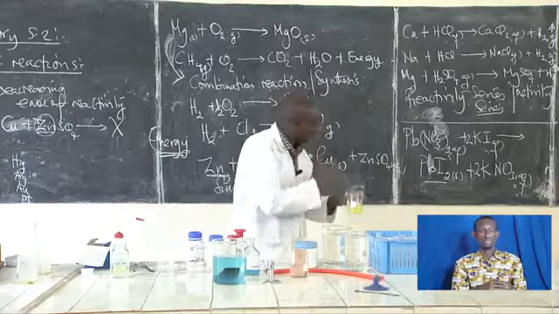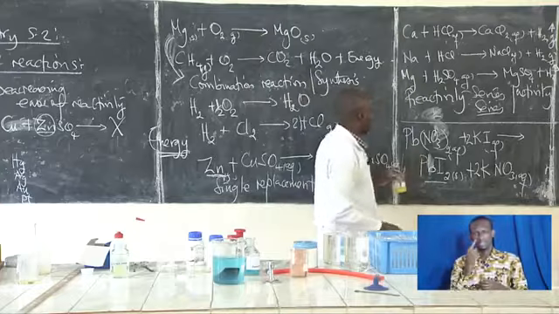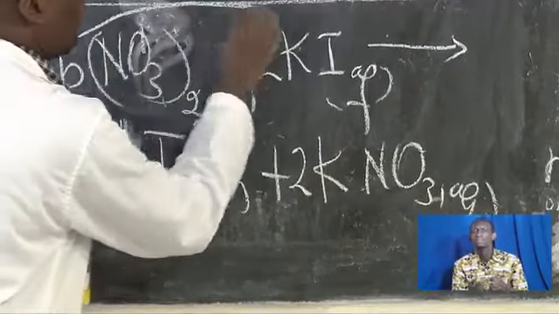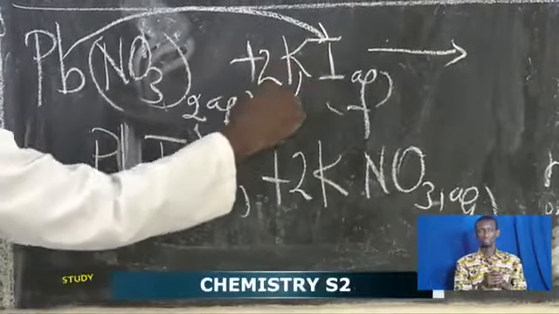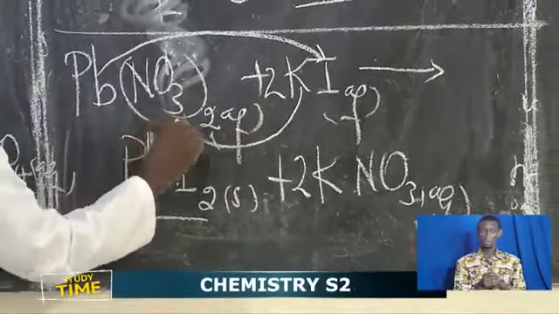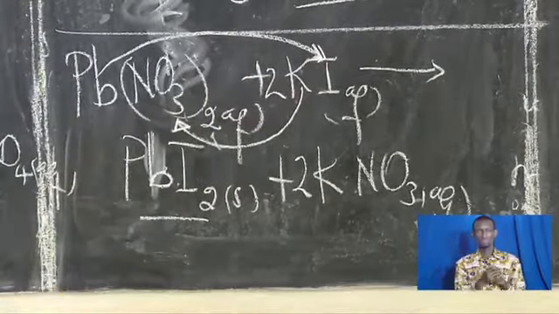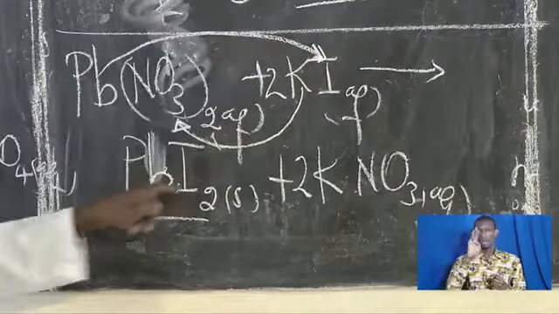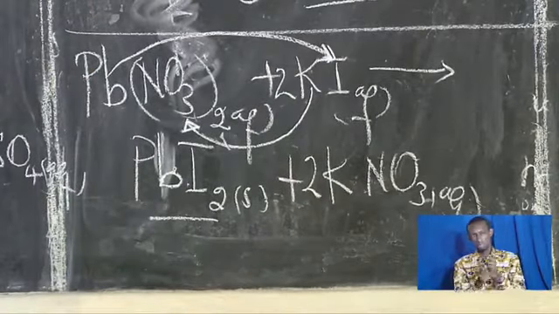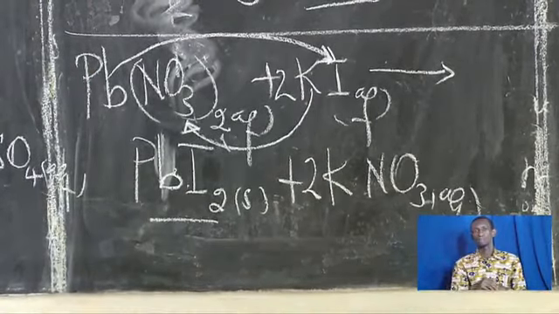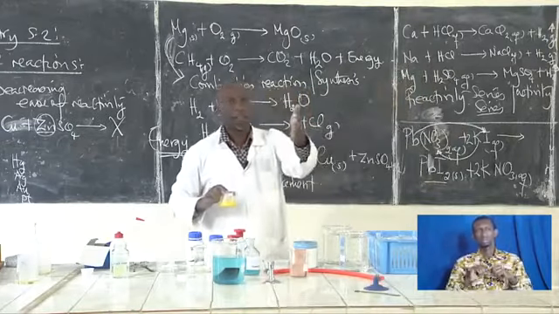So when you look at this reaction, can you take a look at it? See what is happening. You see this lead combining with the iodide ions, and the potassium combining with the nitrate ions. And then it forms lead iodide and potassium nitrate. For those who may have covered this, do you still remember this type of reaction?